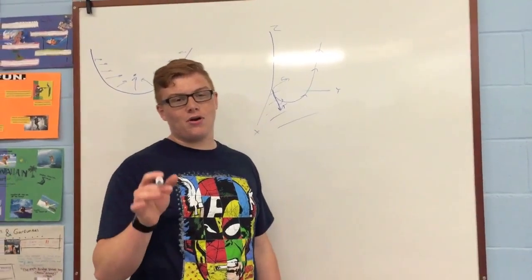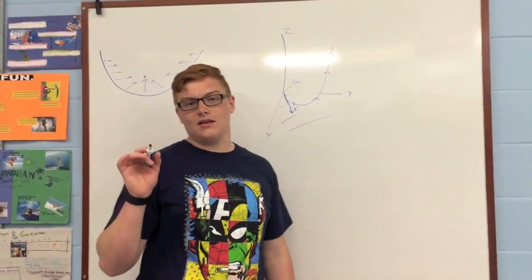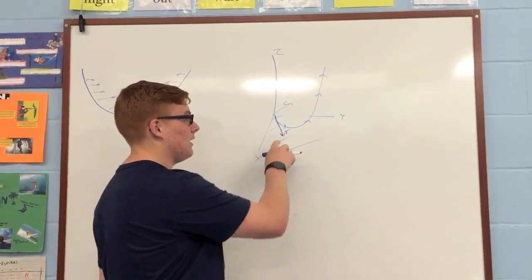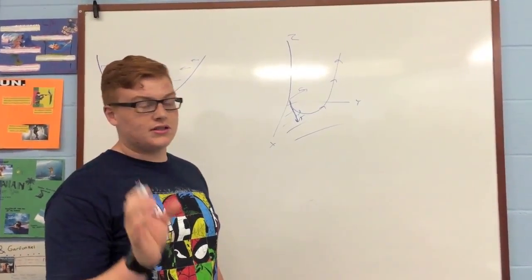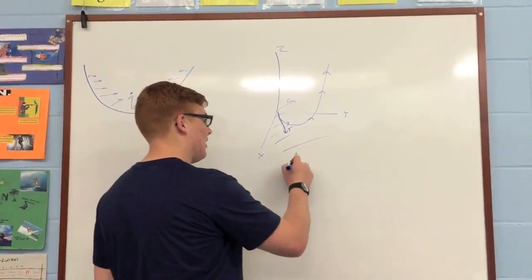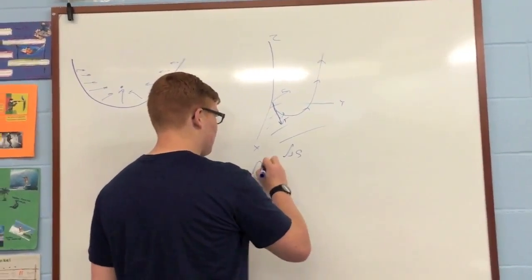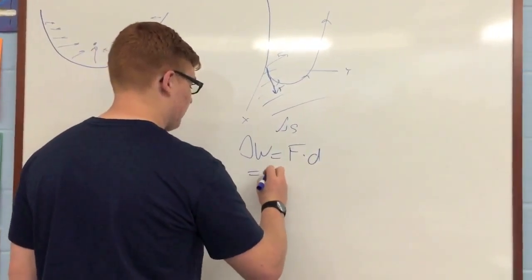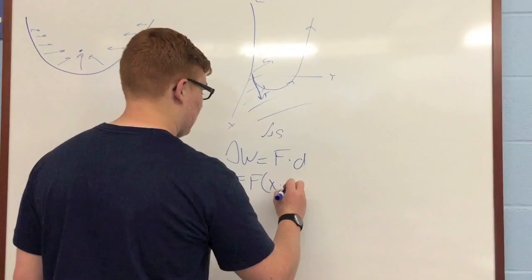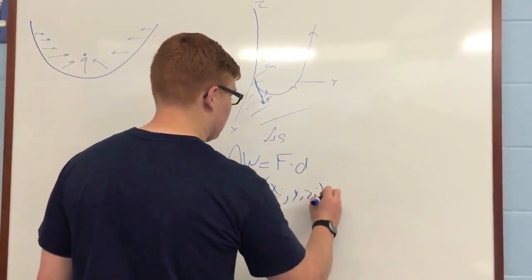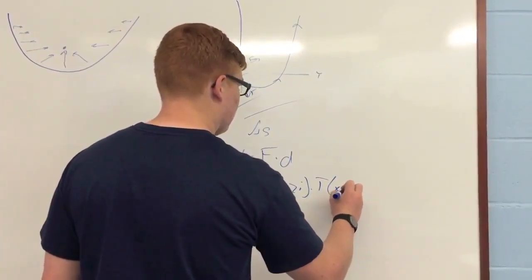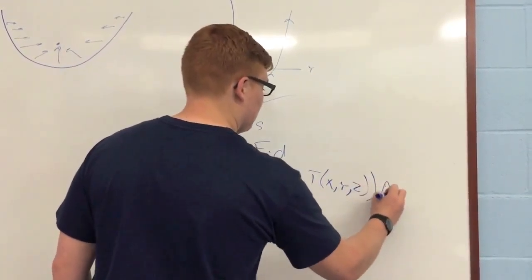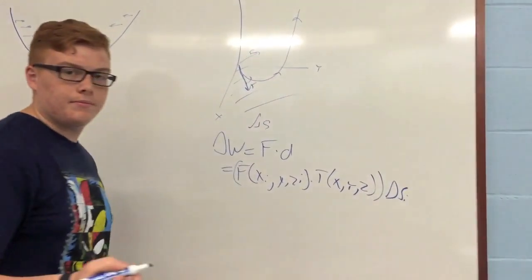This means that on each part of C, you can consider the total projection F dot T of the force vector F and the unit vector T. And now this, along a small sublength arc of delta S, makes the total work equal to force times distance, which is equivalent to force at the point x, y, z, dot the unit tangent vector at the point, times the total subarc length.